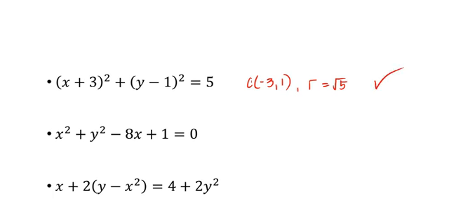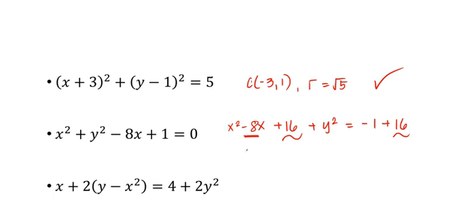Number 2, we have to complete the square. So here, x squared minus 8x plus y squared. And then let's move the constants to the other side. So that becomes negative 1. So here, negative 8 divided by 2 is negative 4. Square that. That's positive 16. But you have to remember that whatever you add or do to the left, you have to do to the right to cancel out its effects.